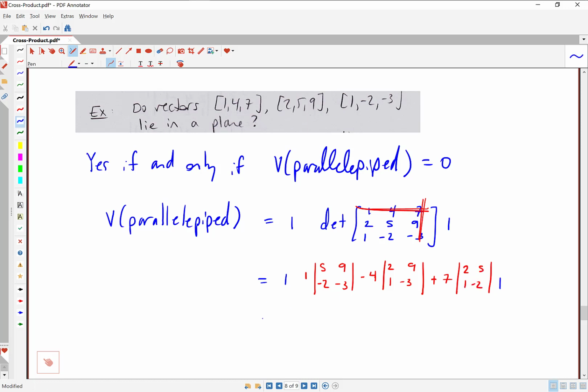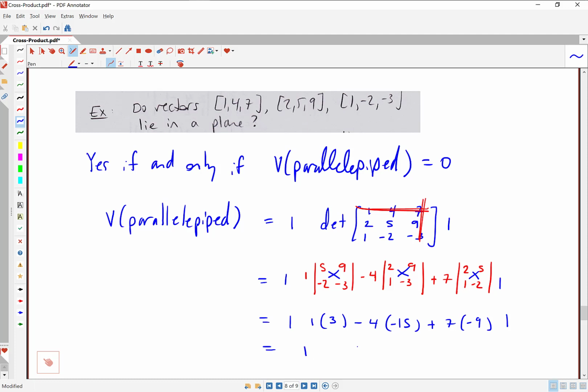All right, so we're talking absolute value of the following. So 1 times minus 15 plus 18 is going to give us 3. Minus 4 times negative 6 minus 9 gives us negative 15. And then plus 7 times negative 4 minus 5 gives us negative 9.